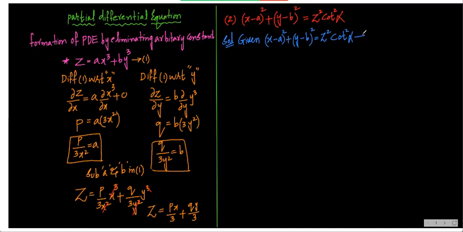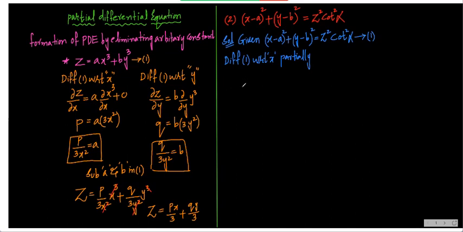Call it equation number 1. Now we start our work. What is our work? Differentiating equation number 1 with respect to x, and don't forget to write partially.